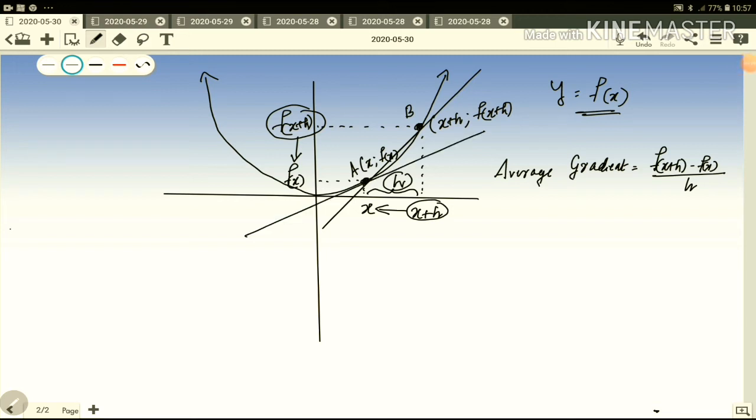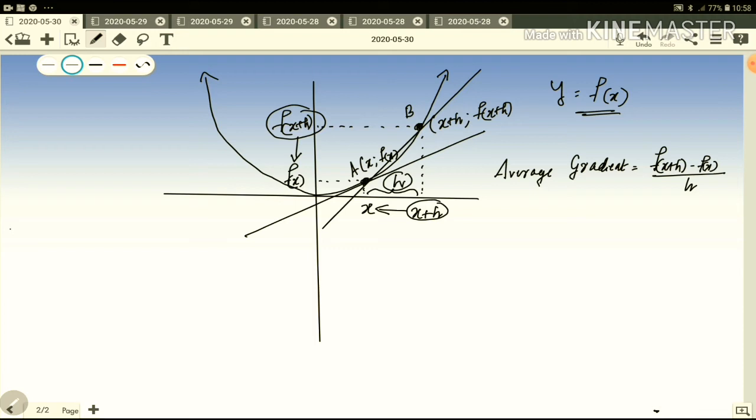Now you can see that the secant has become a tangent. Therefore, the gradient of the secant becomes the gradient of the tangent. All this is possible only if h moves close to 0.